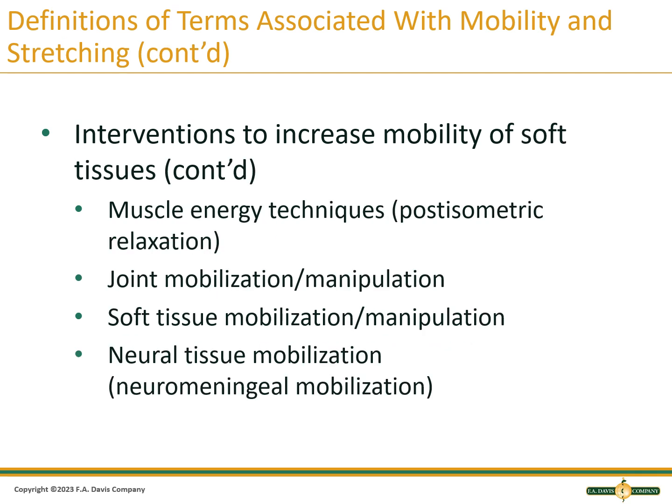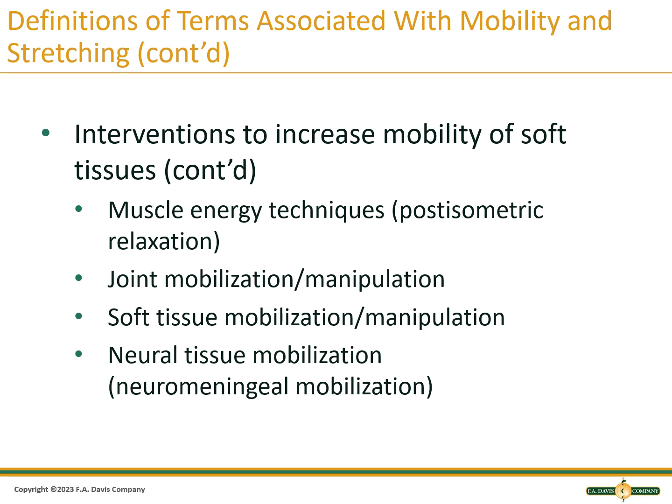Muscle energy techniques can tie in with PNF as a type of PNF intervention, but muscle energy techniques are where we utilize an isometric contraction to further enhance tissue elongation. So we get a post-isometric relaxation of the muscle that allows us to stretch a little bit farther.